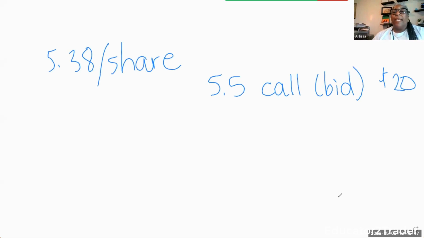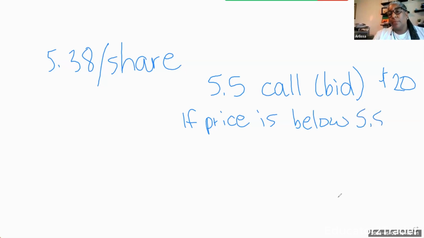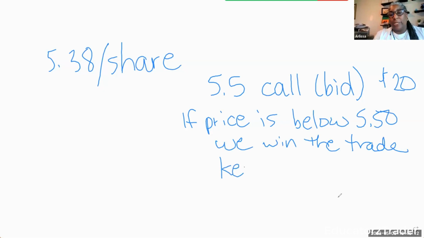If we're going to pick the 5.5 call, make sure we pick the bid, and we're going to collect $20. Okay. If the price at expiration is below 5.50, we basically win the trade and keep our shares.